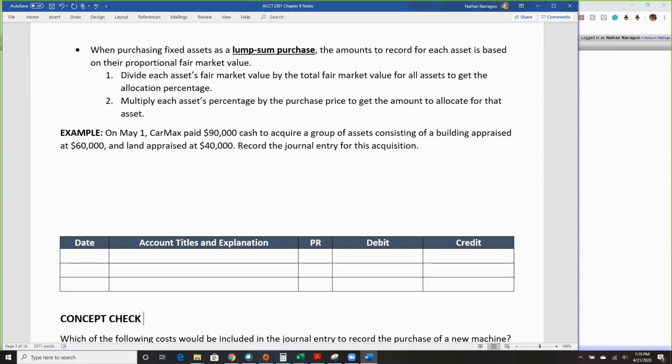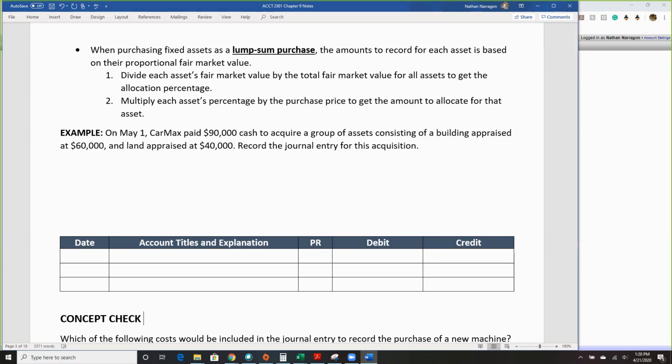And so we usually pay less than what the actual value is. Unfortunately, we actually have to calculate how much value from the cash we paid goes to each item. This one's a little bit more steps and calculating.